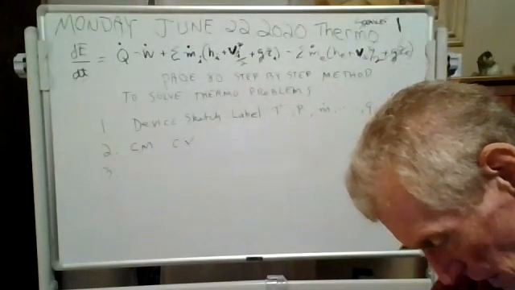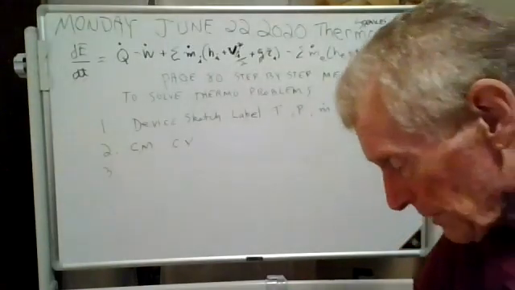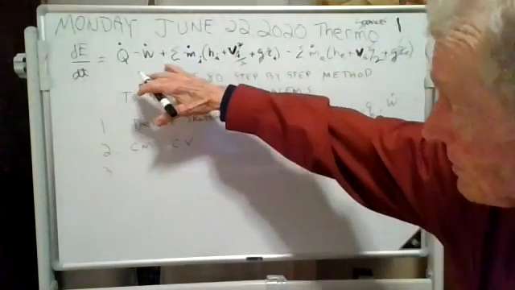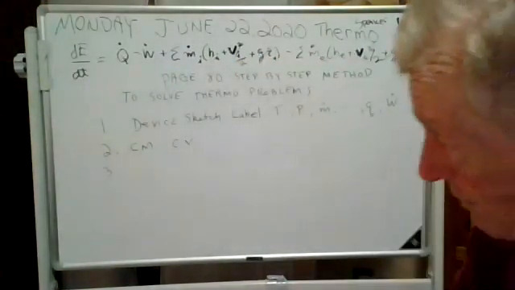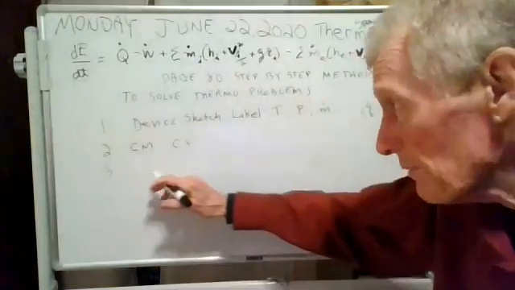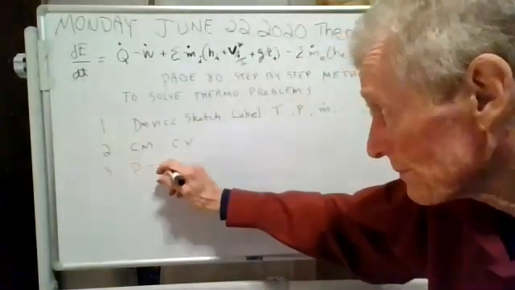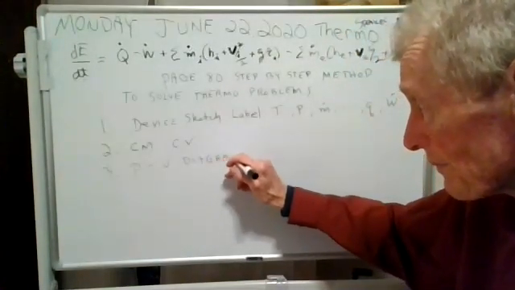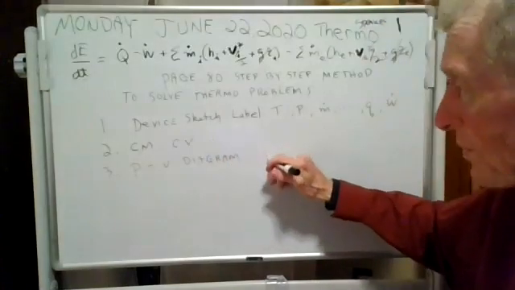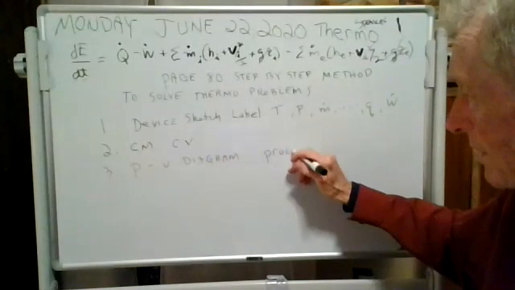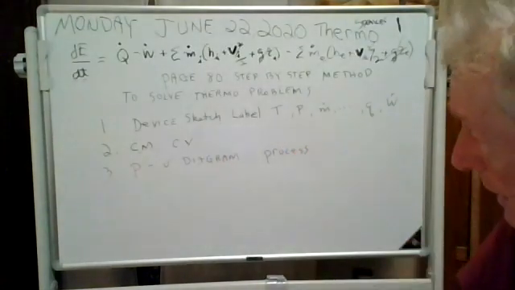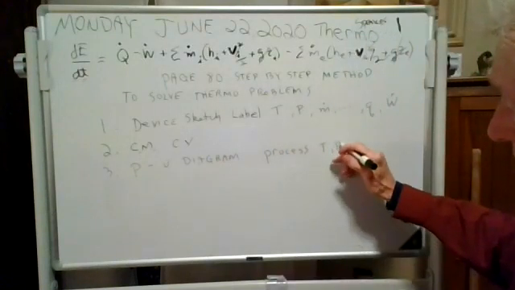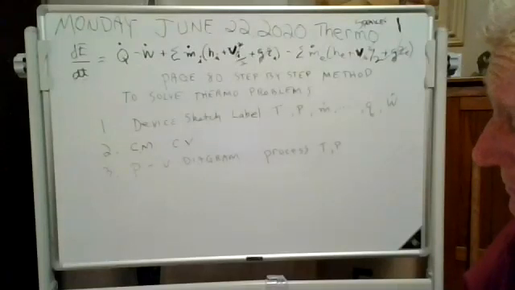Write the general laws. Here's where I differ from them. See, they want you to go to writing down this first law of thermodynamics, but I would write the PV diagram. I would try to write the PV diagram, and I would try to put the process on my diagram. And I would try to label it too, label it with the temperatures and pressures and whatever we got.